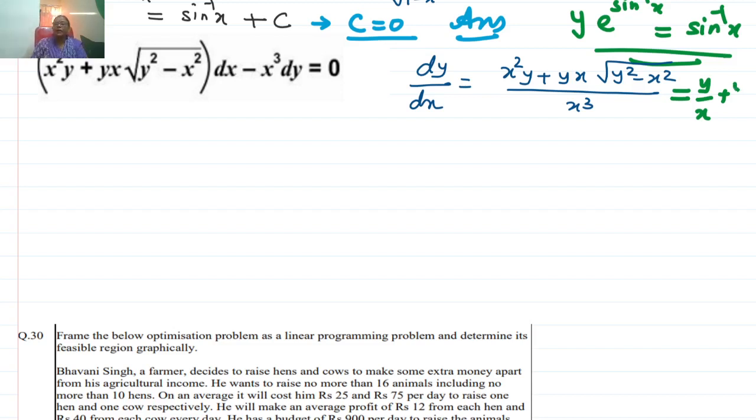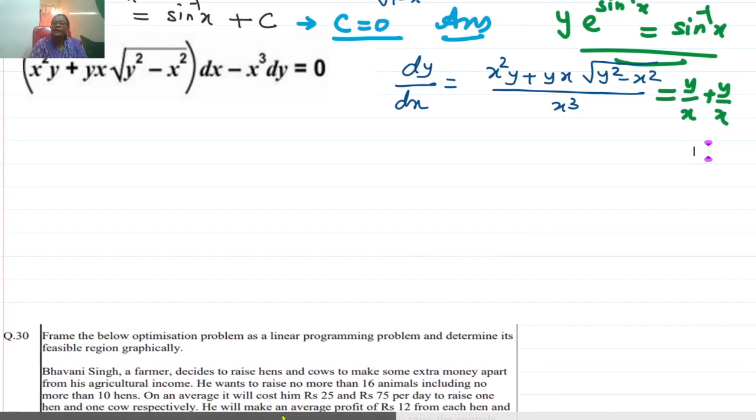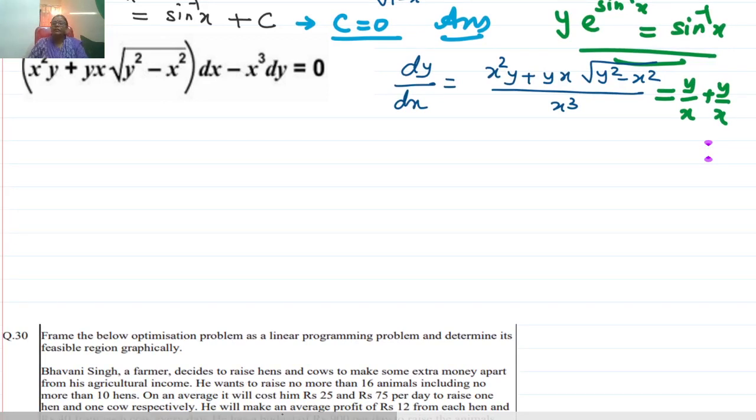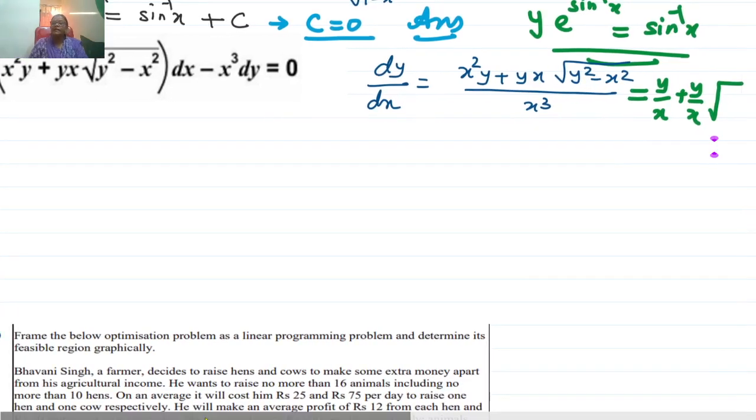So finally, it is y on x multiplied to under the root of y square upon x square minus 1. So see, wherever you have any expression of y on x, it is y on x everywhere. So that means this is a question which is based on homogeneous.